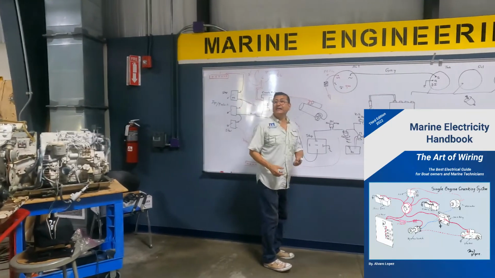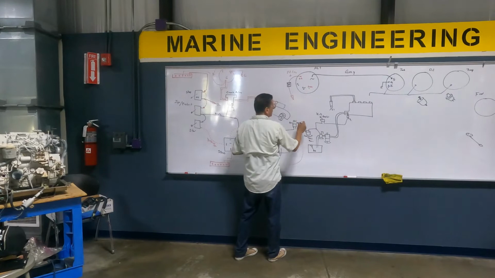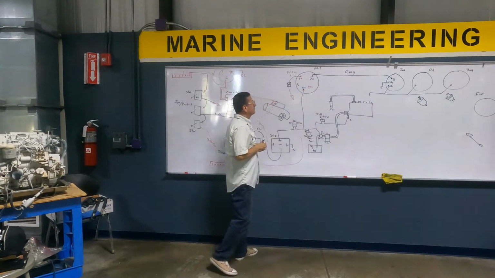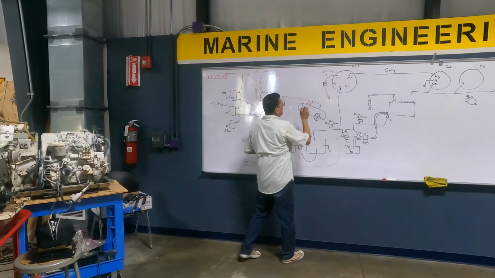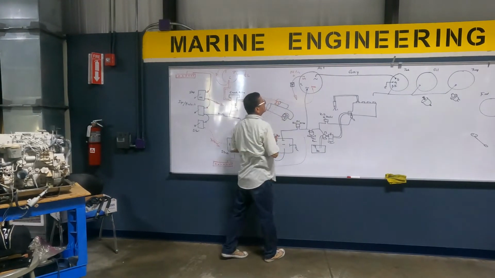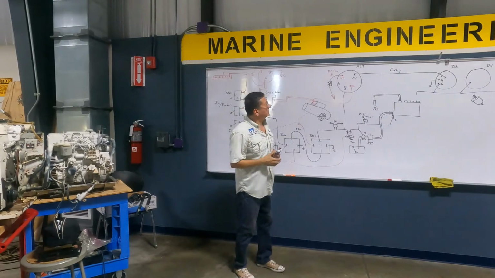Of course, the alternator needs one purple cable for excitation. And another cable from the positive enters the sense. I explained in the previous chapter how to connect the alternator.